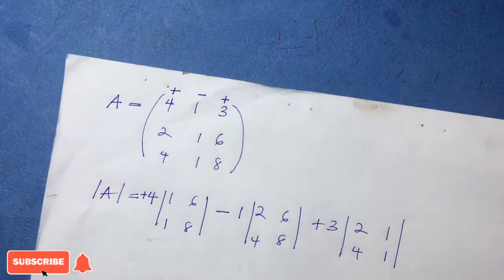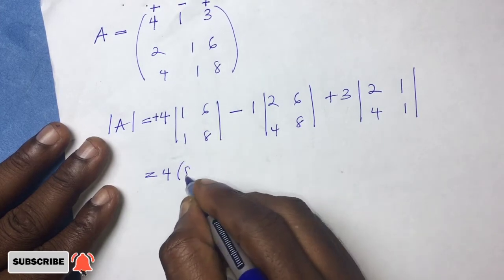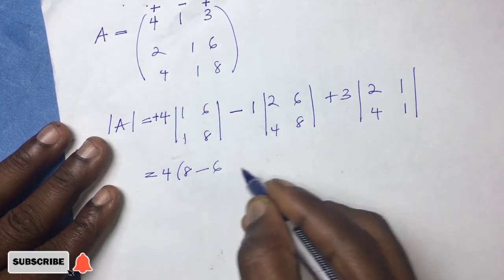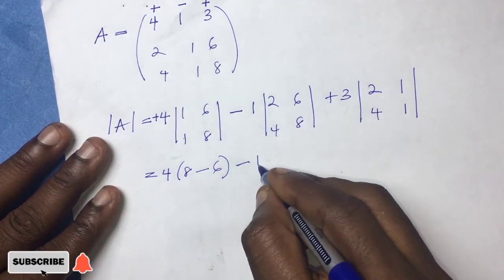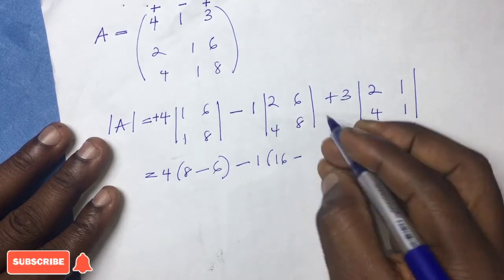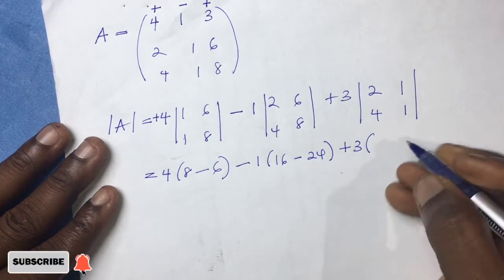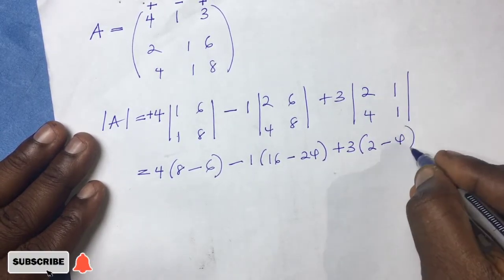So, now that will give us 4 in bracket, 8 times 1 is 8, 1 times 6 is 6, so that will be 8 times 1 minus 1 times 6. Minus 1 in bracket, 2 times 8 is 16 minus 4 times 6, which is 24. Then plus 3 in bracket, 2 times 1 is 2 minus 4 times 1, which is 4.